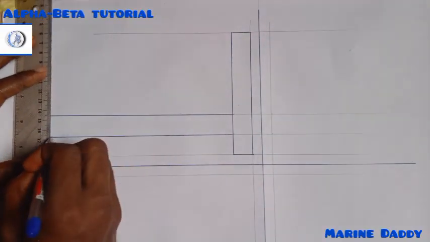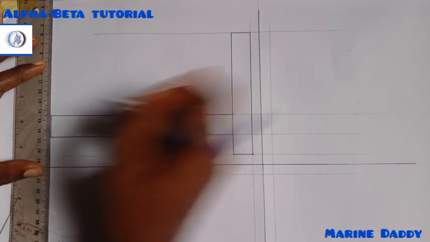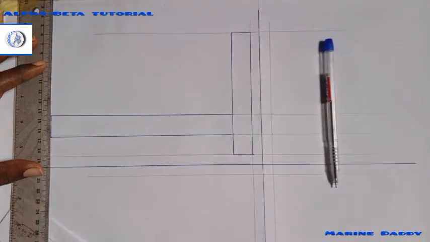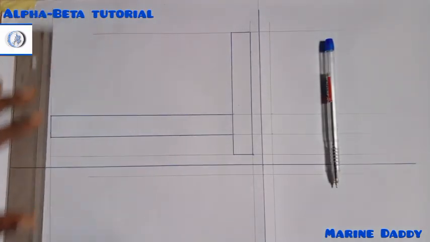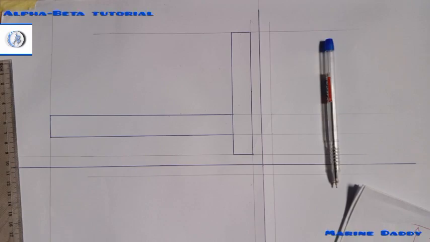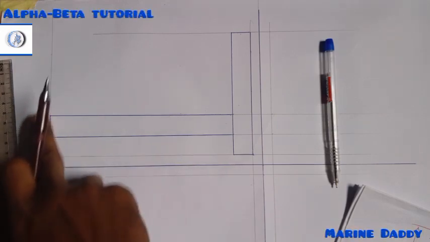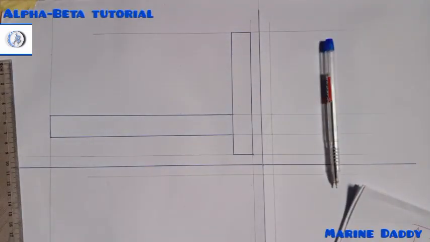Then this to this, I'll close it up. Now when I'm closing up, I'll draw a straight line. It's good you project, always project the edges. So make sure you always project the edges, both vertically and horizontally.